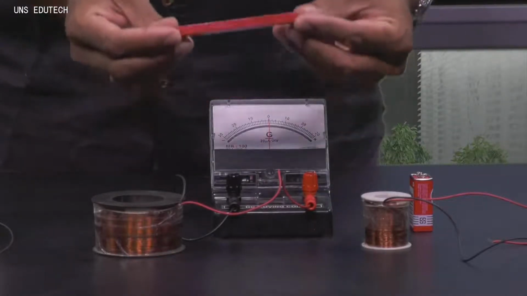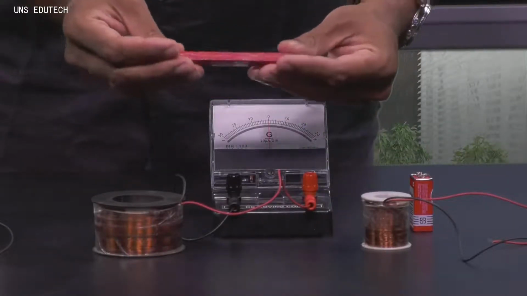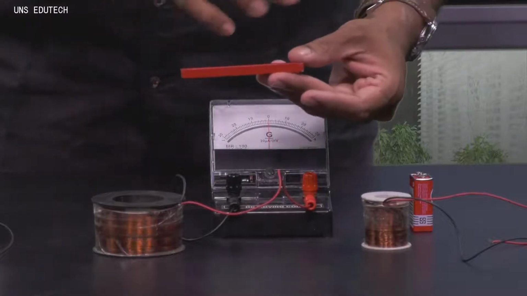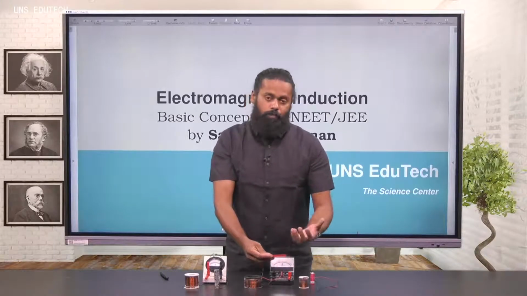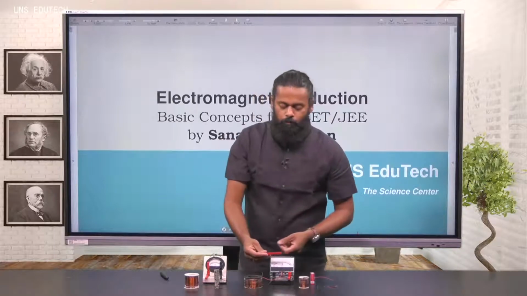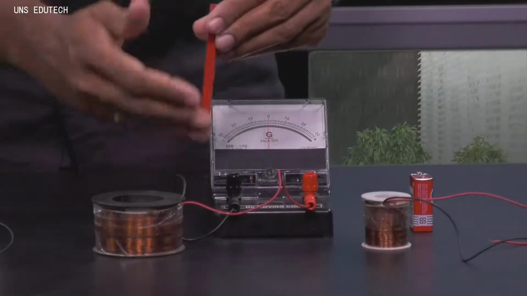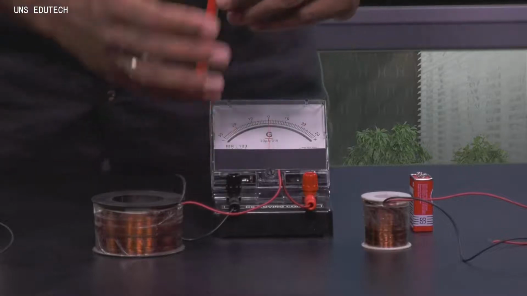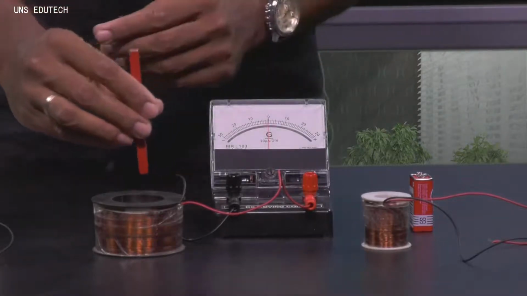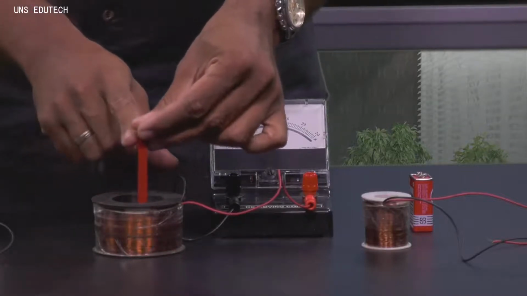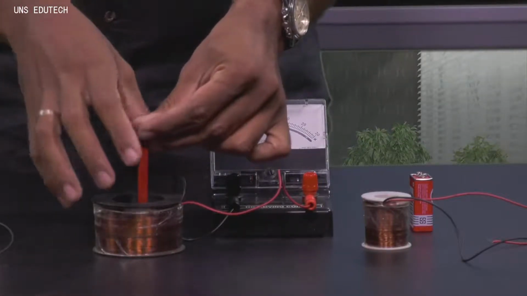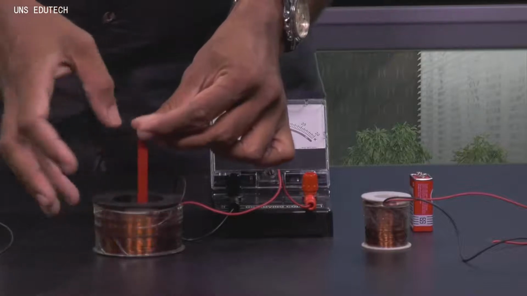this bar magnet. Now magnetic field is nothing but the region of space around that particular body where the magnetic force is experienced. Okay. Now you can see that imaginary lines will be there; the magnetic field lines are imaginary lines. Now if I bring this magnet into this coil, this magnetic field will be in touch with the entire coil.